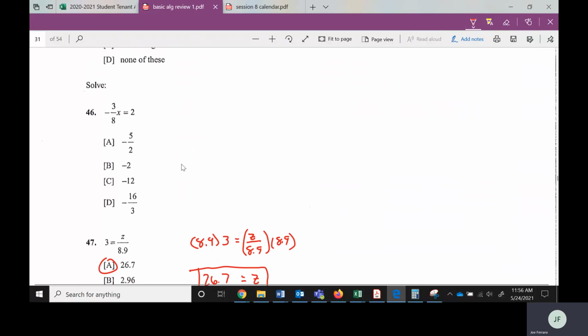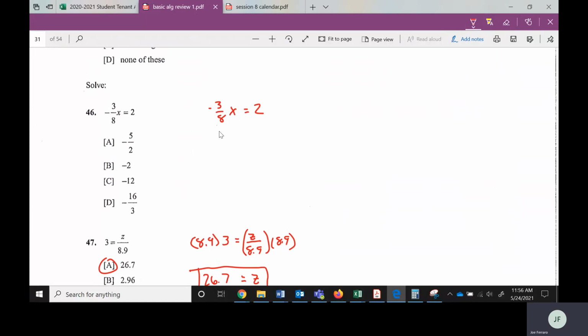Now, 46. There's going to be two ways I'll show you how to do this. The difference in this one is it has a fraction in front. So it's saying negative 3/8 times x equals 2. Okay, so you really are doing the same step. x is being multiplied by negative 3/8, so that means you have to divide by negative 3/8.